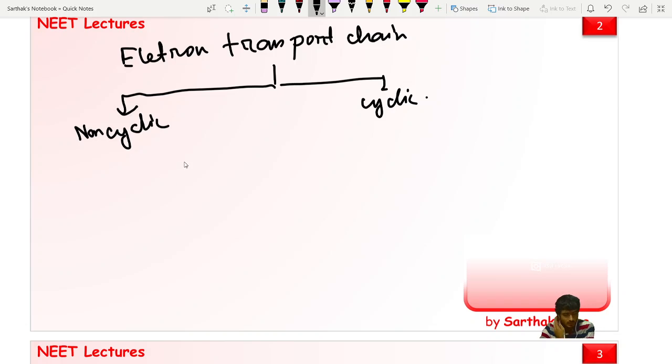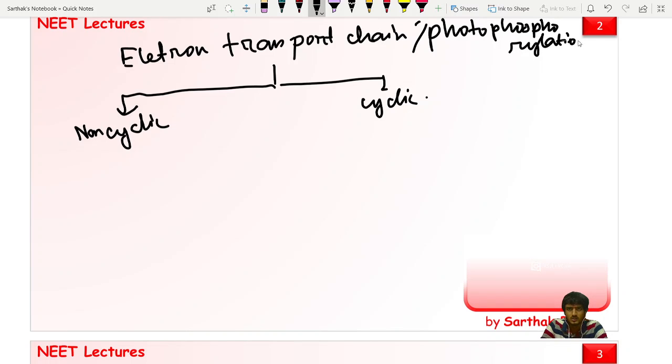First we will be studying the non-cyclic electron transport chain, or you may also call it photophosphorylation. In various books, they are written in various concepts, but basically these are two types. First is non-cyclic, and the second is cyclic. We'll first start with non-cyclic photophosphorylation.